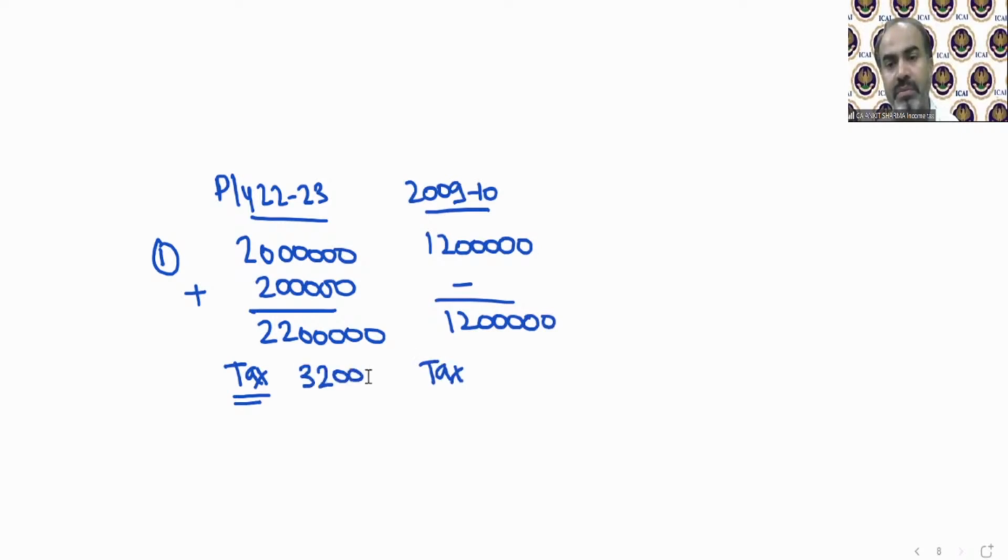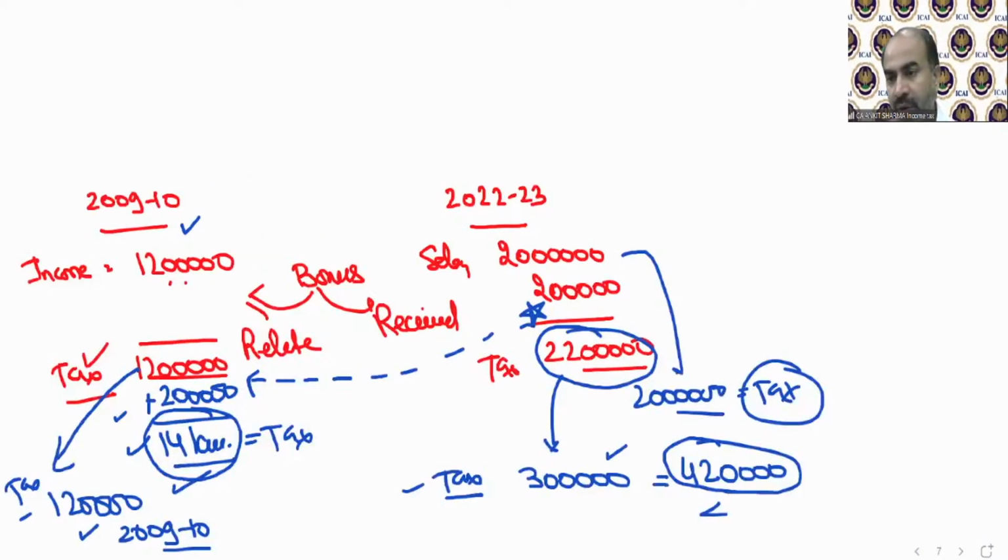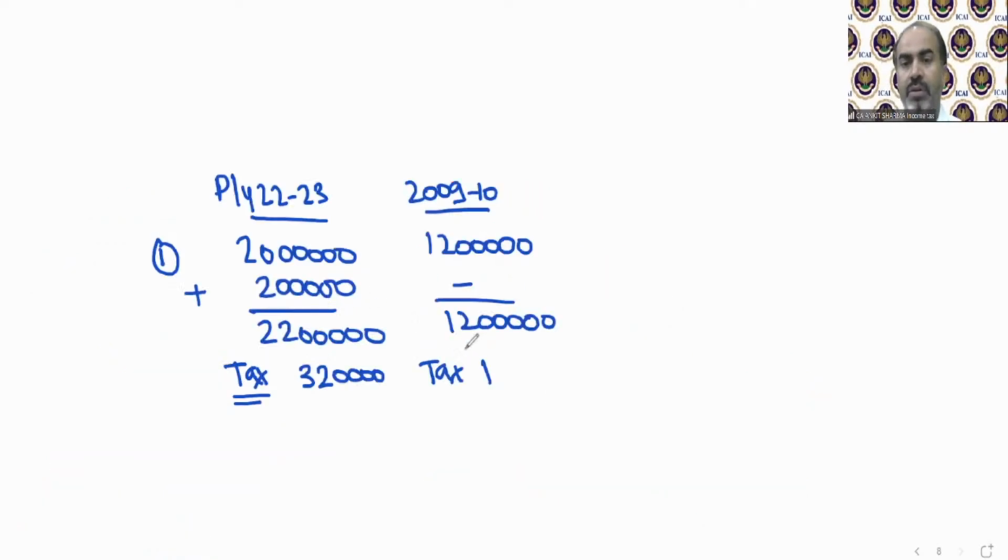3,20,000. And on this, we calculated the tax, assuming 320. Let me see the last slide. It was 120. So assume this is actually happening.